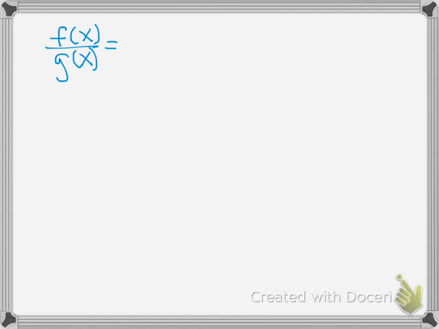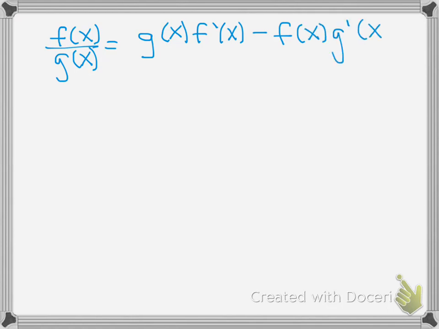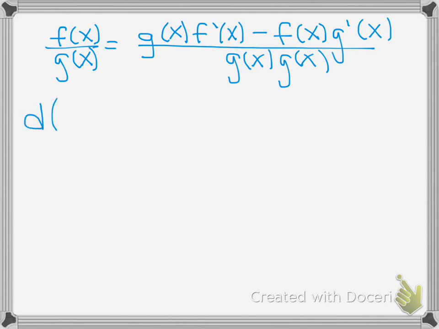Okay, and you're going to hear me say low d high and high d low and stuff like that. So it's the bottom times the derivative of the top minus the top times the derivative of the bottom, all over the bottom squared, or you can say g of x times g of x. Now, in terms of my little sing-song that we did with the product rule, front d back plus back d front, for the quotient rule, I'll use high and low.